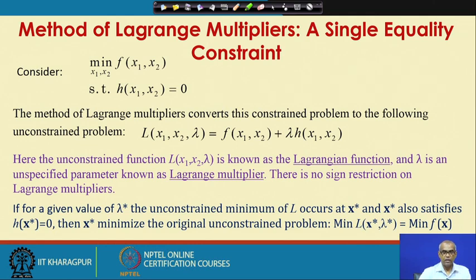Then we define the Lagrangian function, which will be f x plus the Lagrange multiplier multiplied by the constraint function. Now, we say that the minimization of this Lagrangian function is the same as the minimization of the original constrained problem.